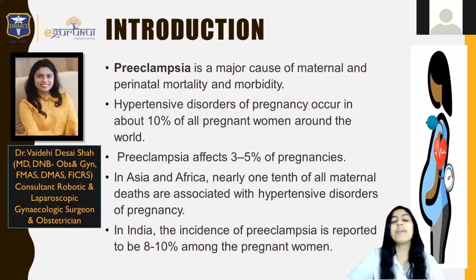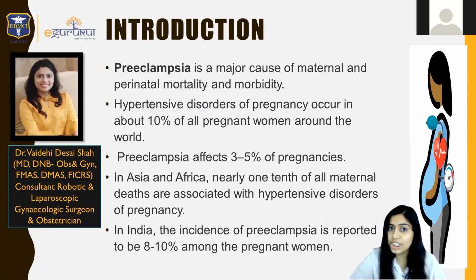To understand hypertension in pregnancy, remember that preeclampsia is a major cause of maternal and perinatal mortality and morbidity, which was the first thing that I told at the beginning of this class. Hypertensive disorders of pregnancy occur in about 10% of all pregnant women around the world. Preeclampsia affects 3 to 5% of pregnancies. In Asia and Africa, nearly 1/10 of all maternal deaths are associated with hypertensive disorders of pregnancy.